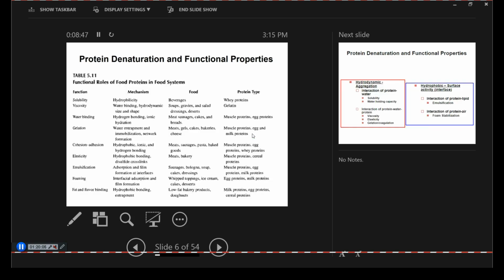So this table, I admit, is a really old table, not up to date, but it gives you an idea of what mechanism governs a functionality, a food application, and a protein type. What is missing in this protein type column that should be there somewhere? Plant proteins. Soy. Where is soy?